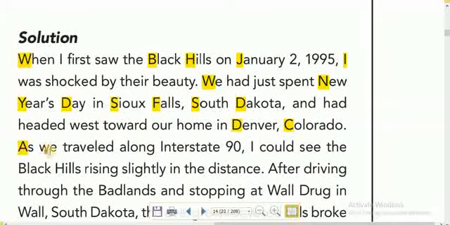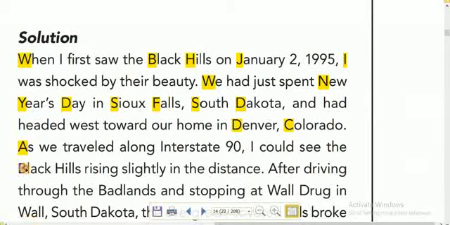Why didn't we capitalize this? Because we got a new sentence here. It's not possible that you capitalize this and this. No, do not capitalize the pronouns when you get the first word of the sentence capitalized. As we traveled along Interstate 90, I could see the Black Hills.